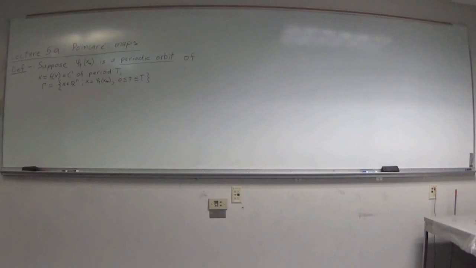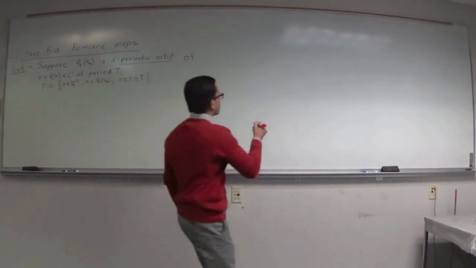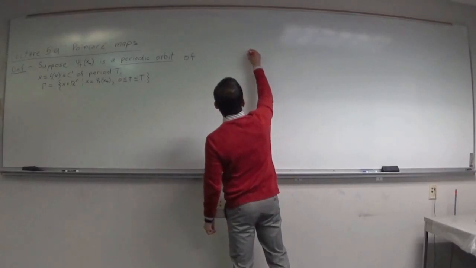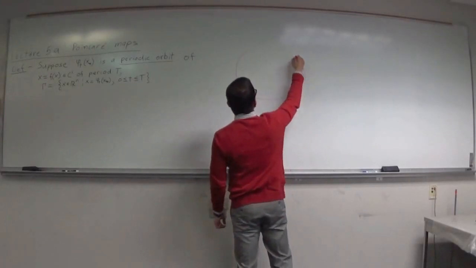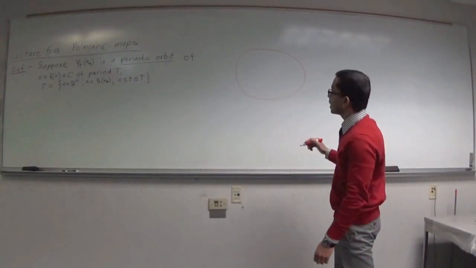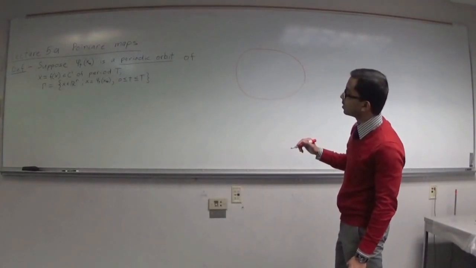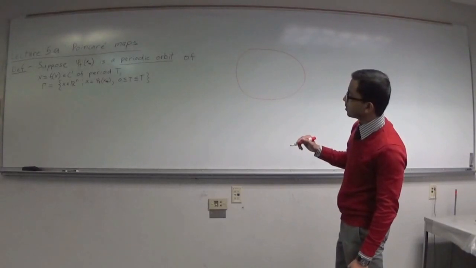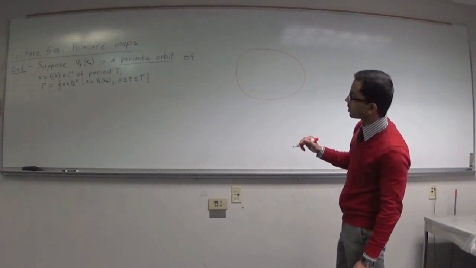Basically, if we're drawing this in, say, 3D, it's going to look something like that. That's a periodic orbit.